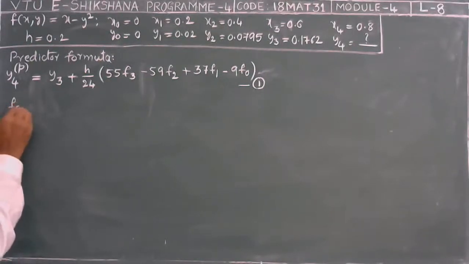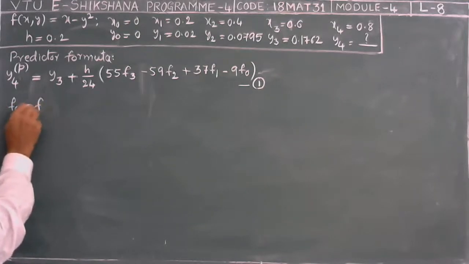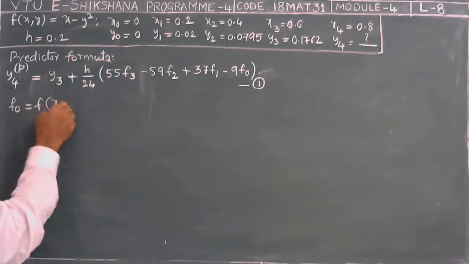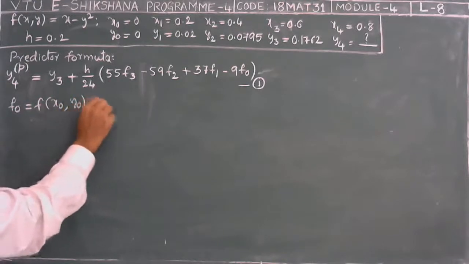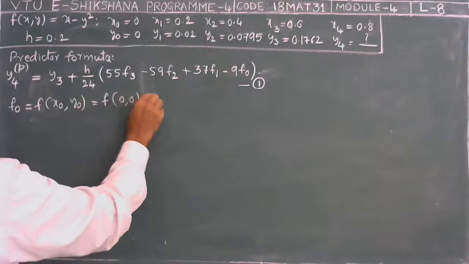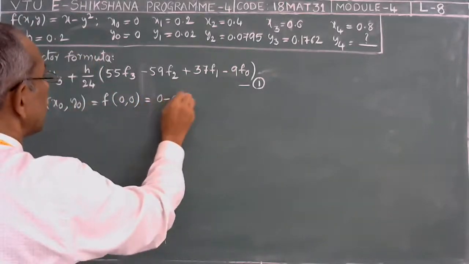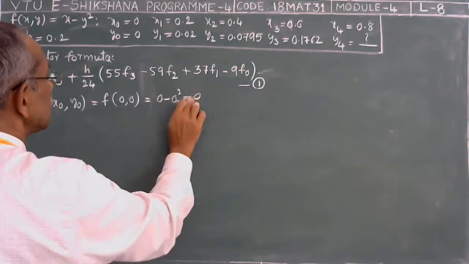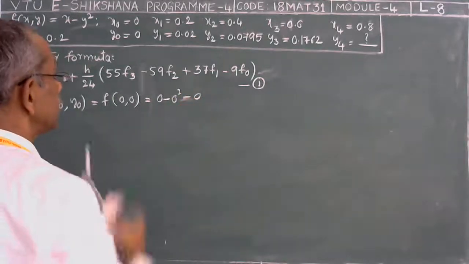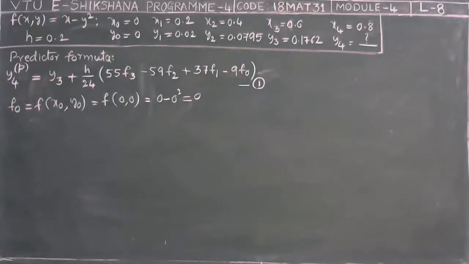So f0 is f of x0 comma y0. So x0 is 0, y0 is also 0. So by definition this is 0 minus 0 square, which is 0. So f0 is 0.